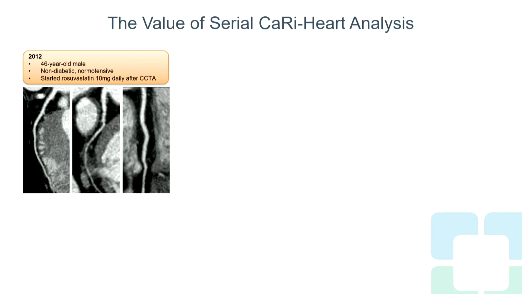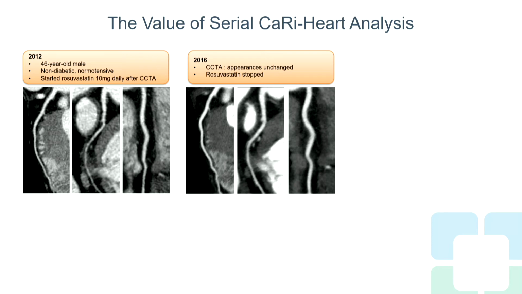A 46-year-old female in 2012. Of course, the technology didn't exist in 2012, so we are going to work our way through this. So 2012, 46-year-old, non-diabetic, normotensive, started rosuvastatin 10 milligrams after CT angiography. There was mild non-calcified plaque noted. 2016, appearance is unchanged.